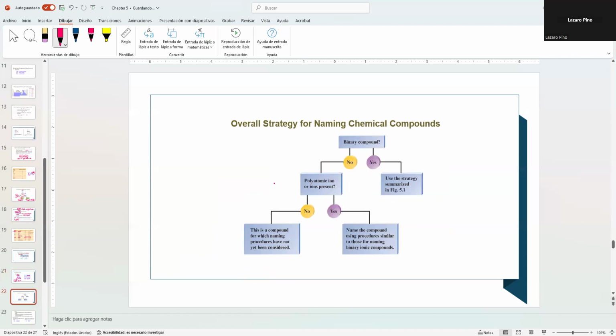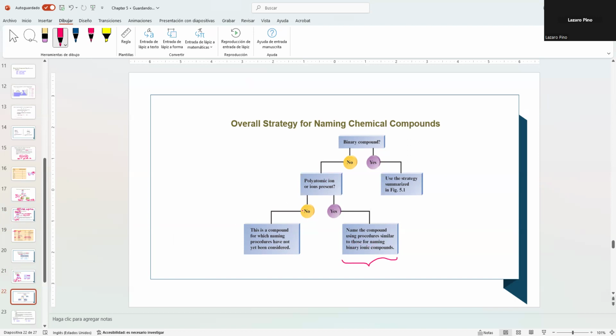Then, what is the overall strategy for naming chemical compounds? Is it a binary compound? No. Then, is a polyatomic ion present? Yes. Then you name using the procedures that we use for binary compounds, but using the name of the polyatomic ion.